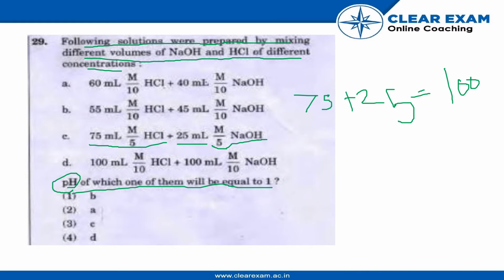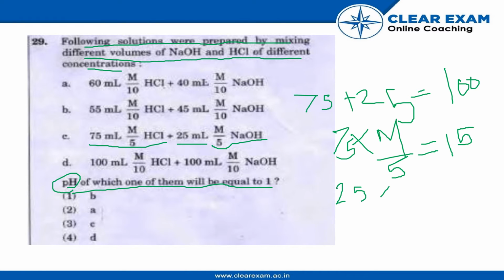So the number of millimoles of HCl is 75 into M/5, which is equal to 15. Similarly, for the 25 ml NaOH, 25 into M/5 is equal to 5. Right? We just cut it here.